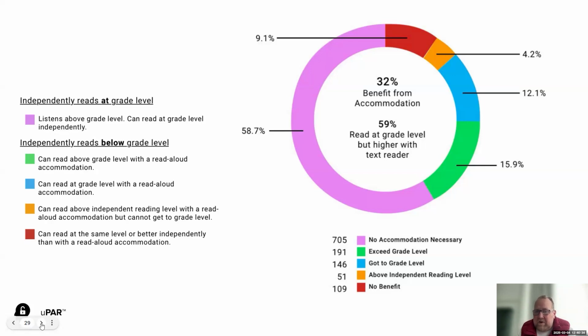Our orange students are students who do not independently read to grade level, but when text is read to them, they can comprehend at least one grade level above their independent reading level. So in Kathy's fourth grade example, if they were in the orange circle, maybe we got them to third grade.